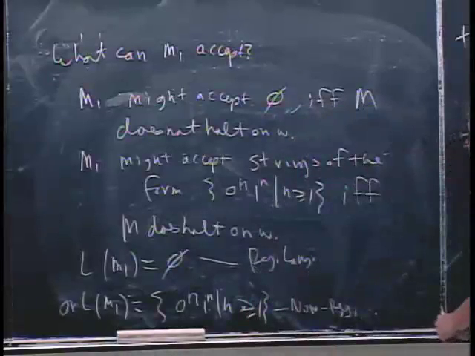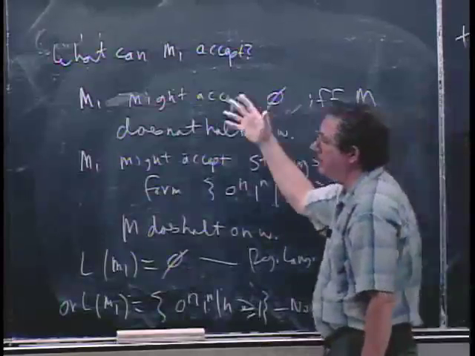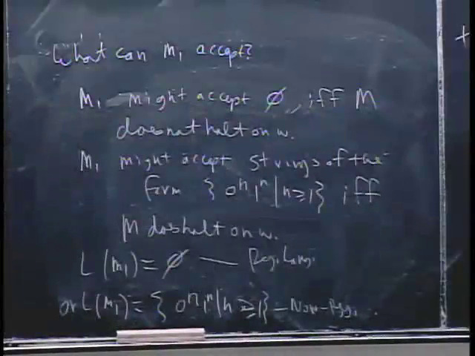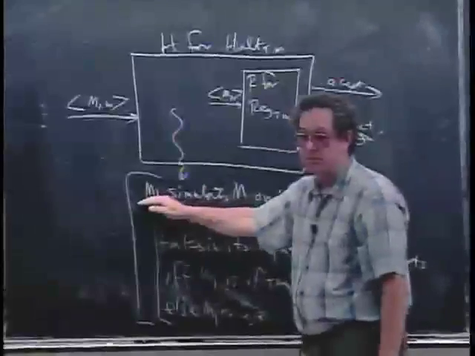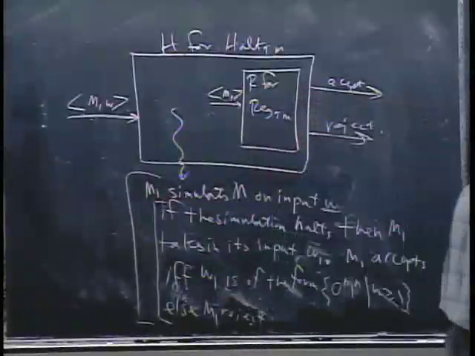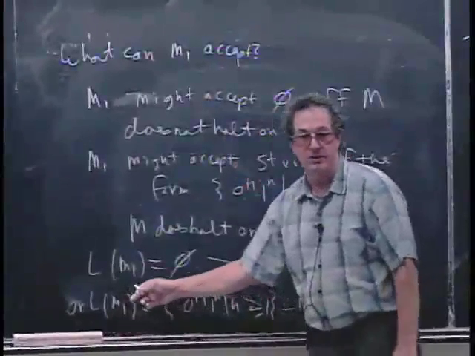Right? So this Turing machine H has created a description of a Turing machine M1 where either the language of M1 is a regular language or not. Well, this is a tautology, the way I'm saying it now.